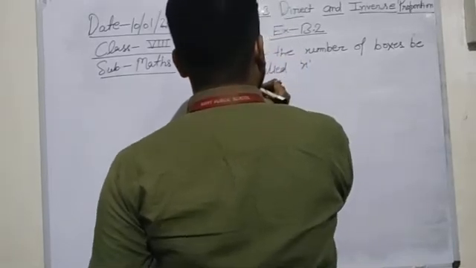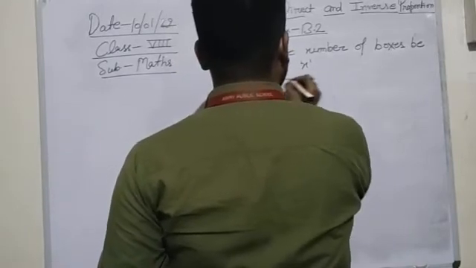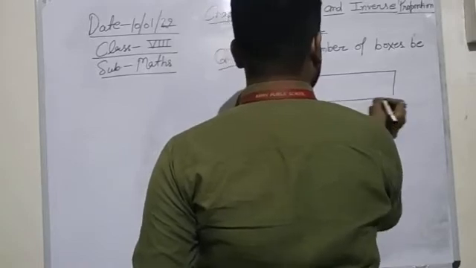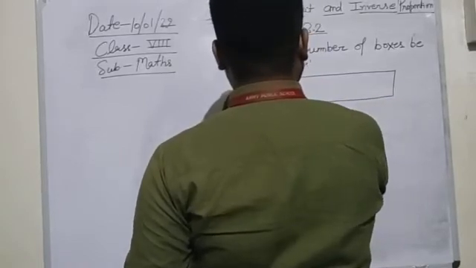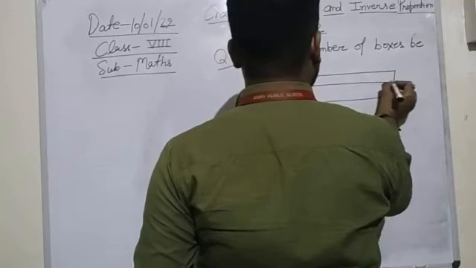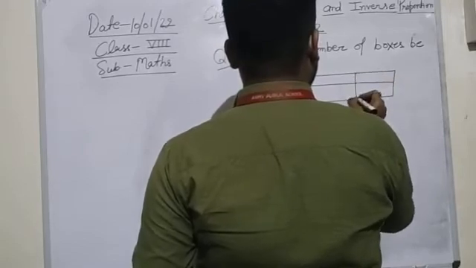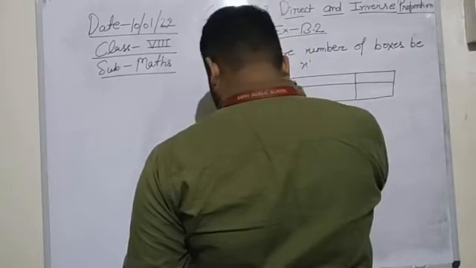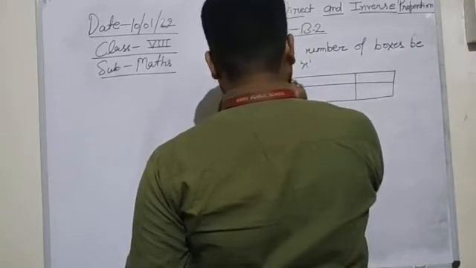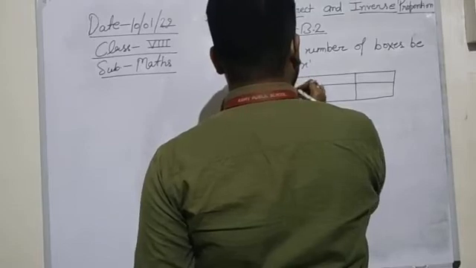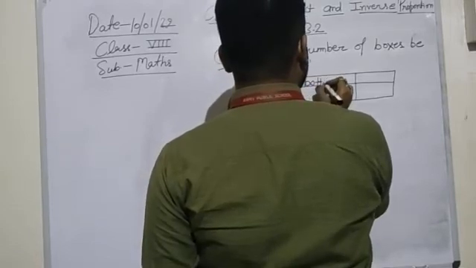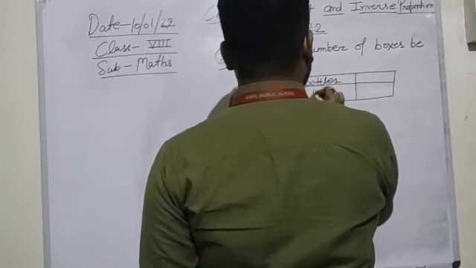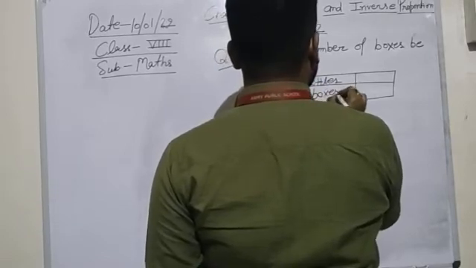So here we have the table. Number of bottles, number of boxes.